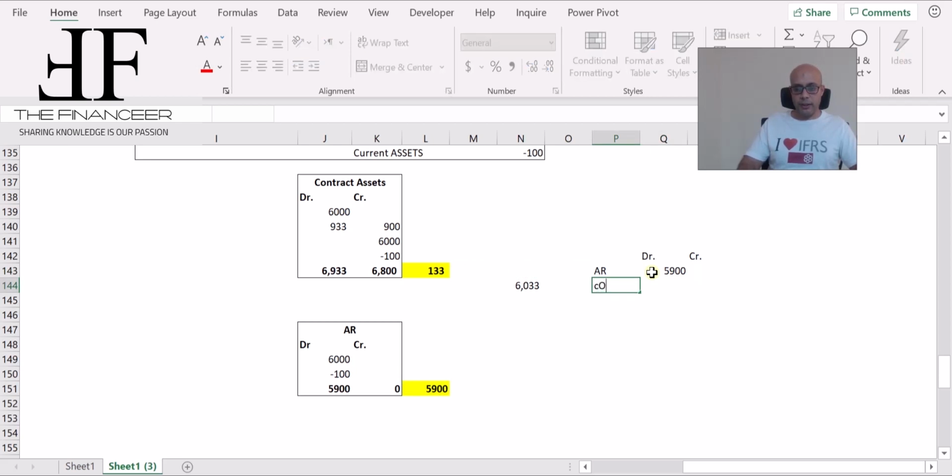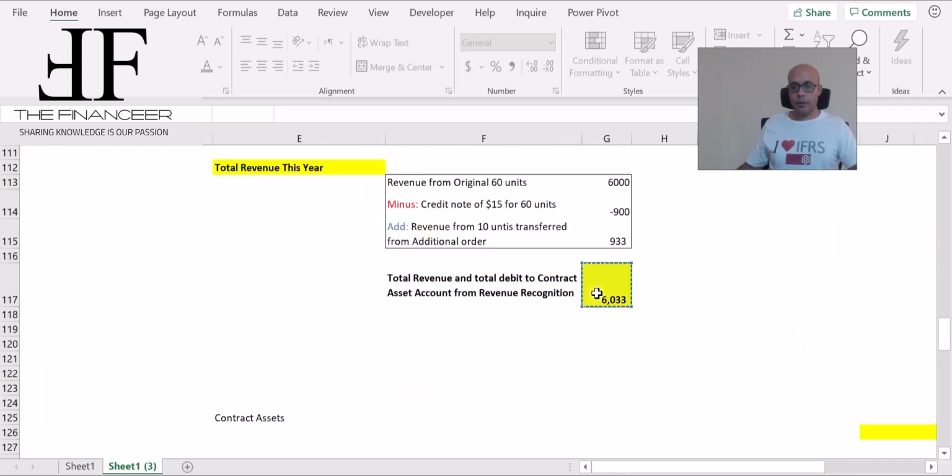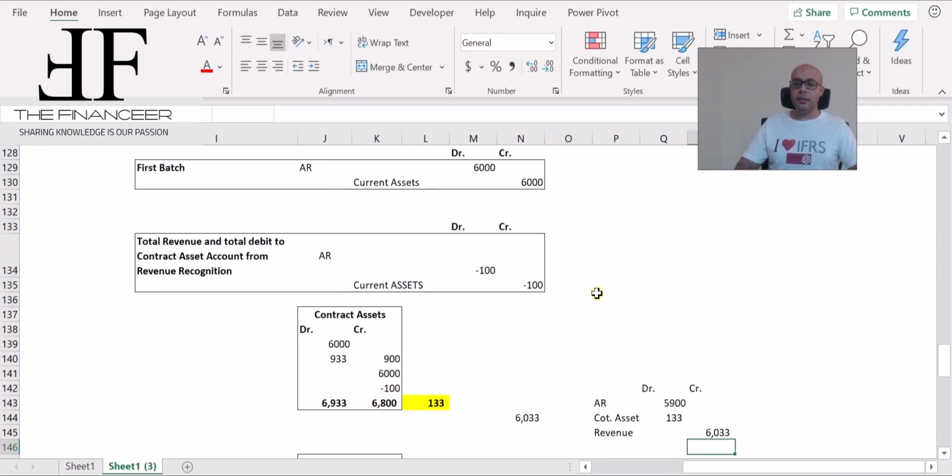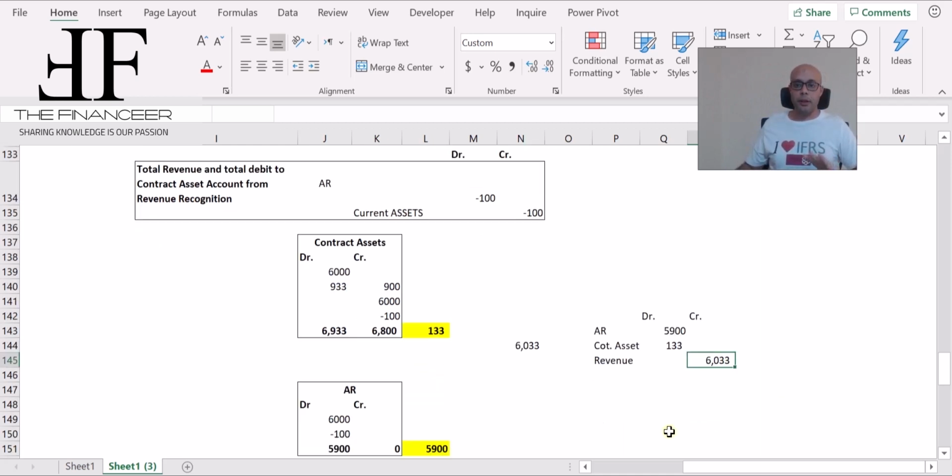And debit contract assets, how much value? This is the value of the contract assets. And at the same time you did recognizing for revenue with how much value? With the same value here, which is 6,033. So this is the entry that conclude all of the above entries and transactions. So this is a summary of everything.